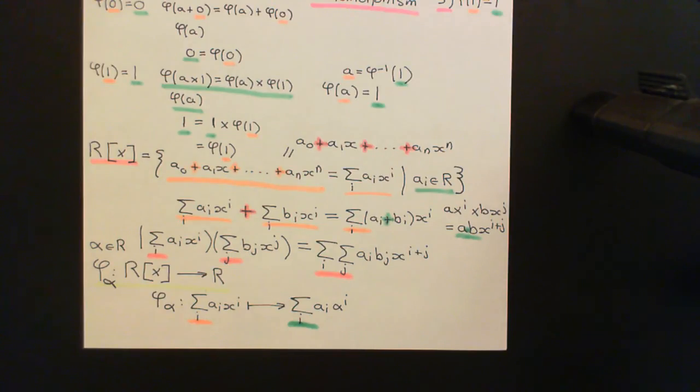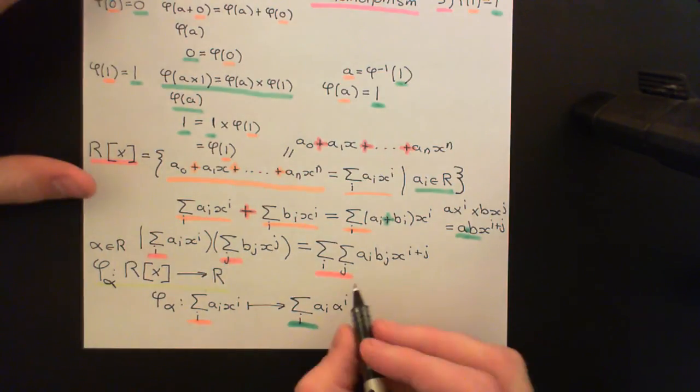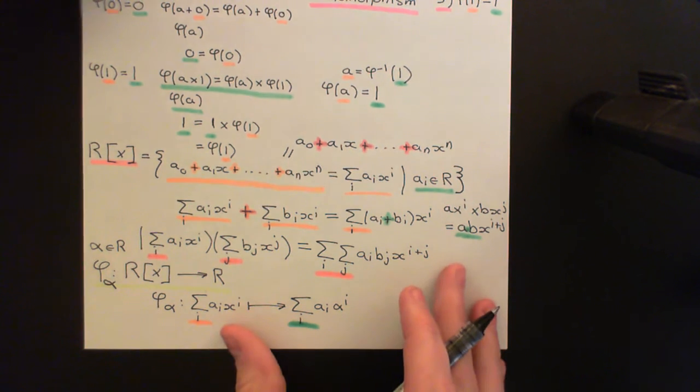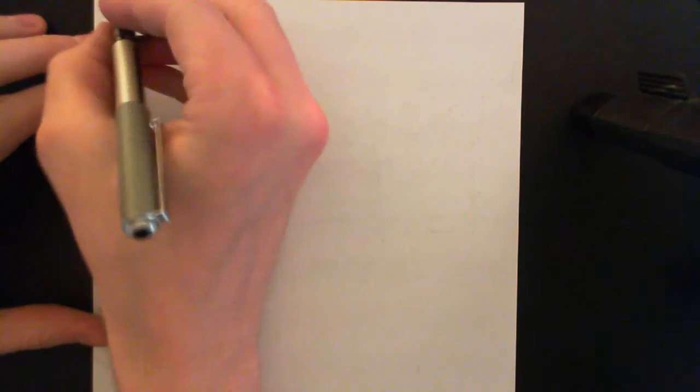Firstly, we'll start off with addition. What we want to check is that it doesn't matter whether you first add the two polynomials together and then map them using this homomorphism, or whether you first map them and then add them together in the codomain ring.